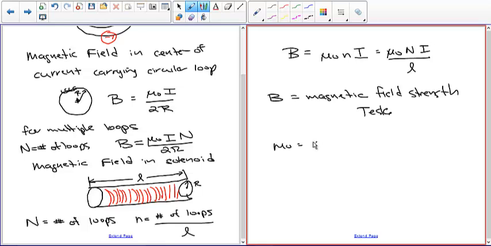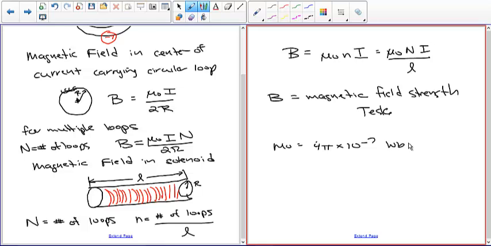Mu zero is the constant. Let's see if I have it in the book here. Mu zero. Well, they call it the magnetic constant. But anyway, it's 4 pi times 10 to the minus 7th. It's interesting.